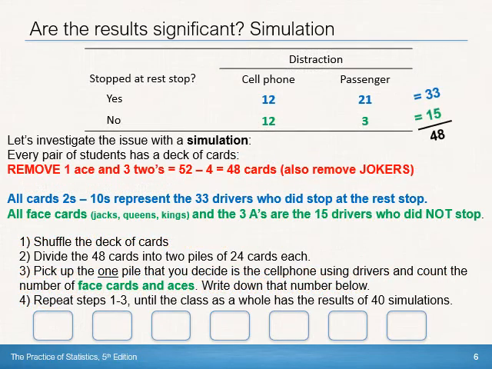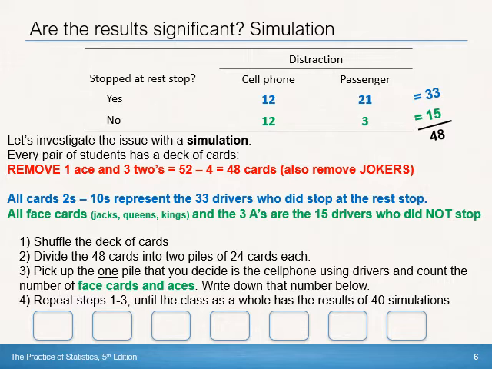And so what we're going to do is look at the fact that there were 33 people who stopped and 15 people who did not stop. We want to use a deck of cards to simulate this situation. If you take a standard deck of cards and you remove 1 ace and 3 2s, so you have 1 2 left in the deck and you have 3 aces left in the deck, everything else is the same, except, of course, we take out the jokers because we're talking about 52 cards.